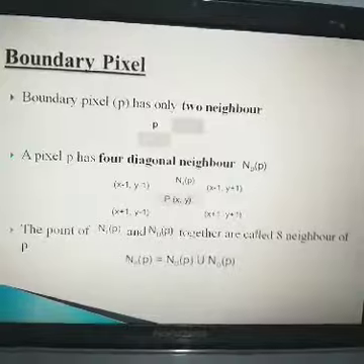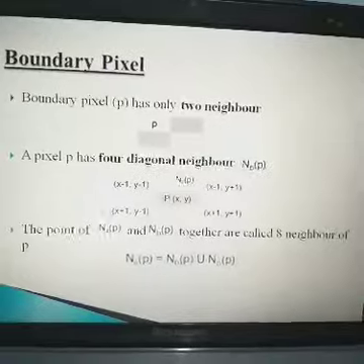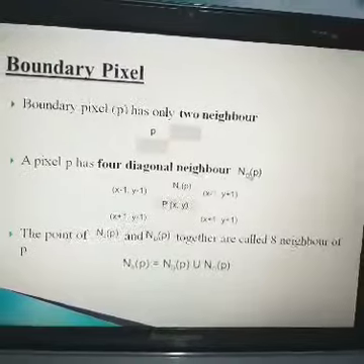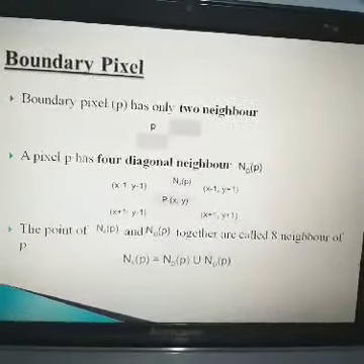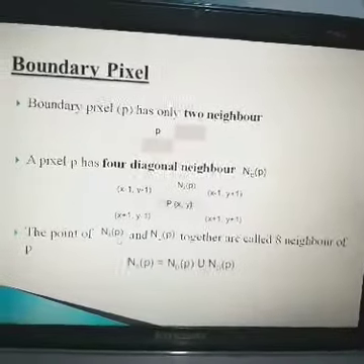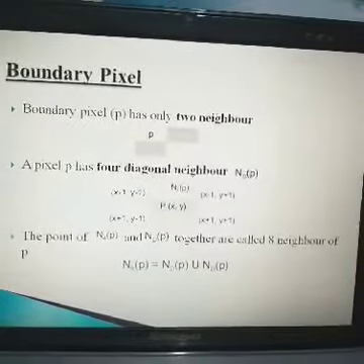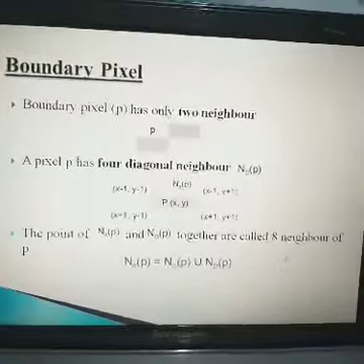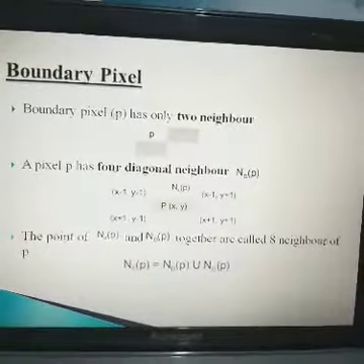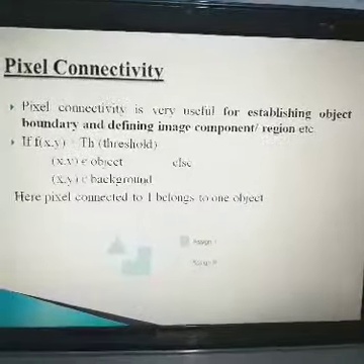There are the 4 horizontal and vertical neighbors, 2 boundary pixel values, and 4 diagonal neighbors, clear, which is represented by ND(p). D is for diagonal, N is the neighbor and p is the pixel. The 4 neighbors and the diagonal neighbors together are called the 8 neighbors of p. Therefore, combining 4 and 4, any pixel has a total of 8 neighbors. So next there is pixel connectivity.